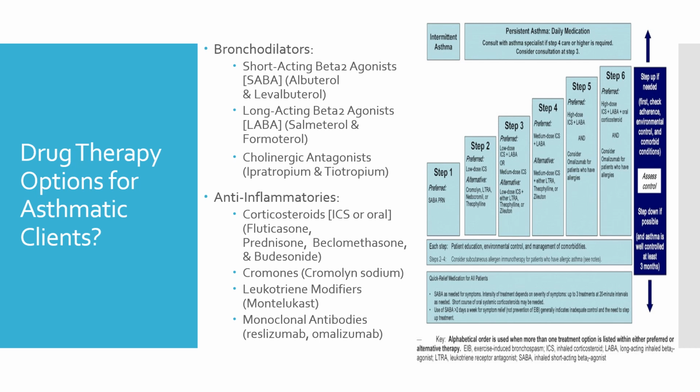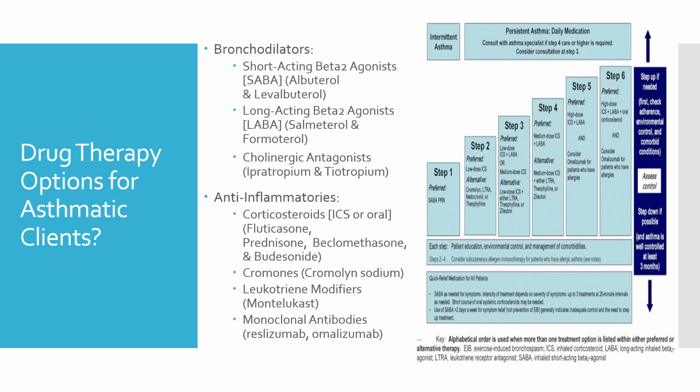This is based off of the STEPS system for asthma management from lots and lots of research. Persistent daily medication usage of asthma is going to be any of these categories of step 2 or above. Those that are considered to have intermittent asthma are going to be those on step 1.